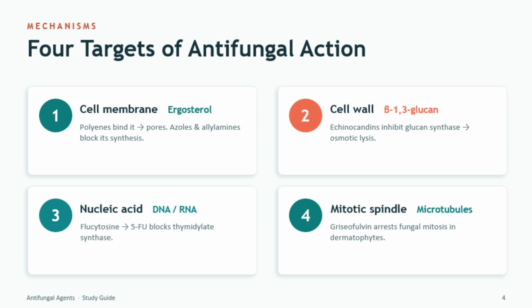That's where the echinocandins work, inhibiting glucan synthase and causing the cell to burst. Target 3 is nucleic acid. Flucytosine turns into 5-FU and shuts down DNA synthesis. And target 4 is the mitotic spindle: griseofulvin jams the microtubules in dermatophytes. 4 targets. Hold that framework in your head and everything else hangs off it.